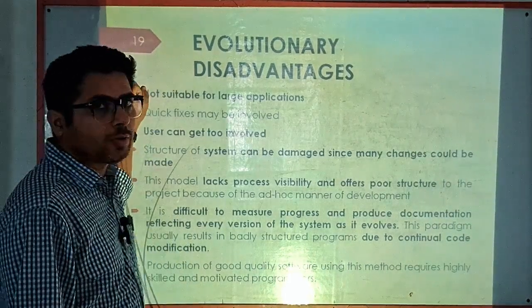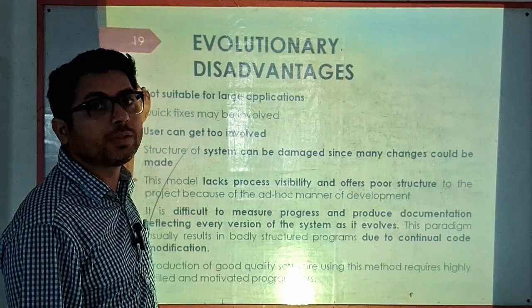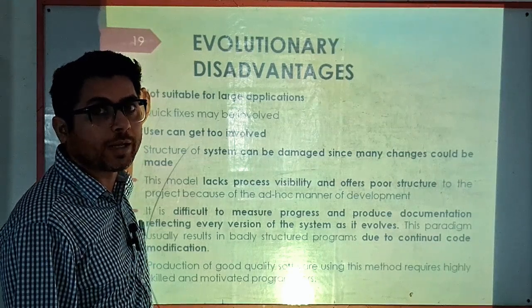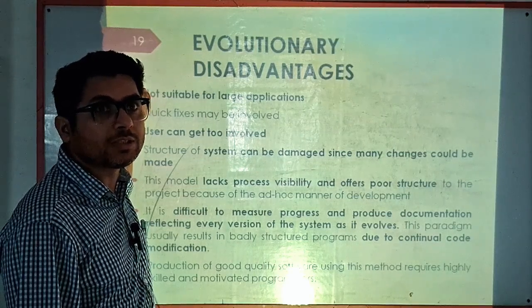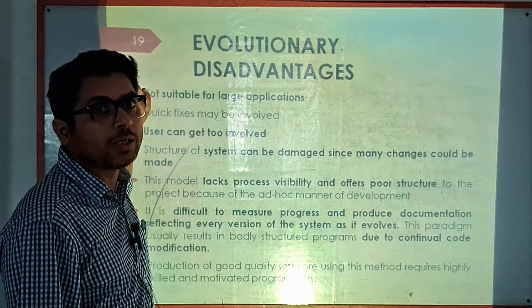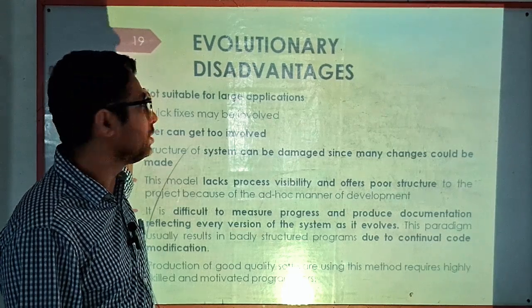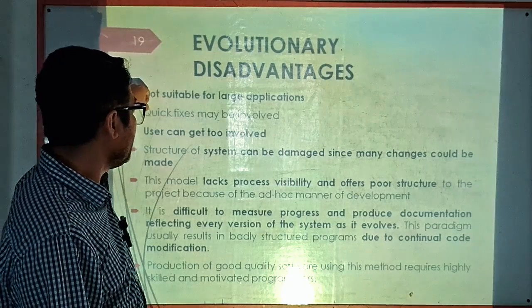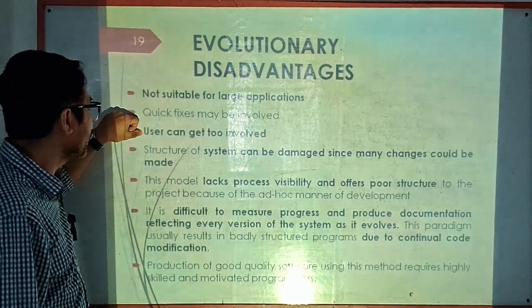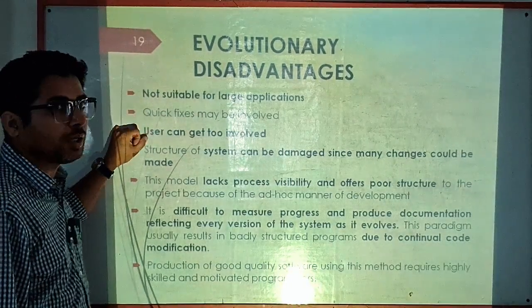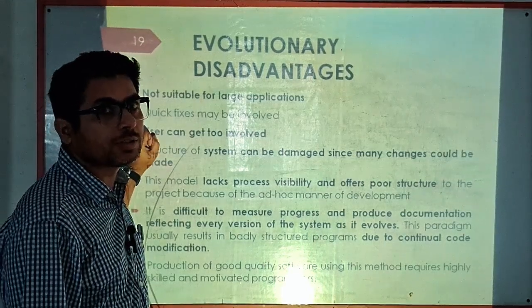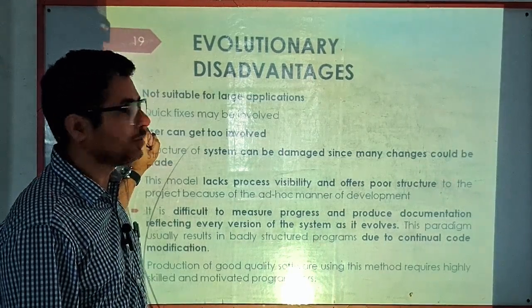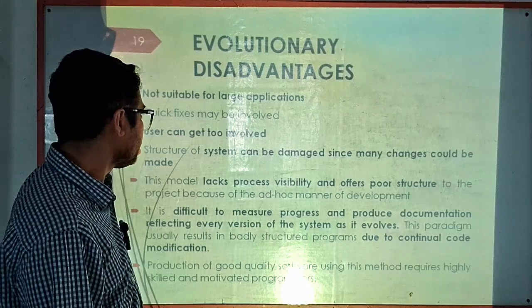It is not suitable for larger applications, because if large applications are being developed and continuous changes are being made, then it will affect the productivity of the system. Quick fixes may be involved. Users can get too involved in such types of systems, so this is also a disadvantage.